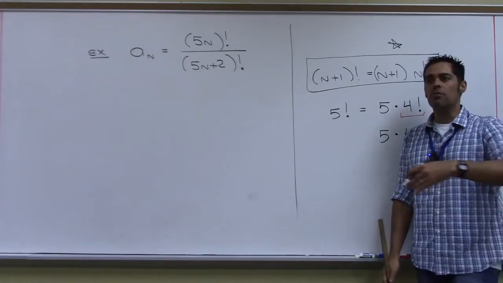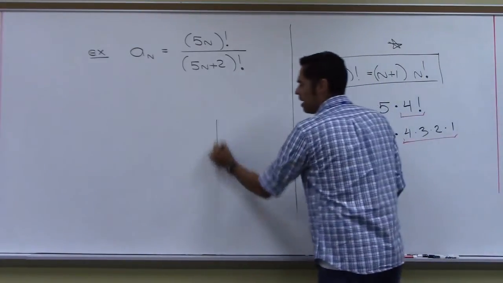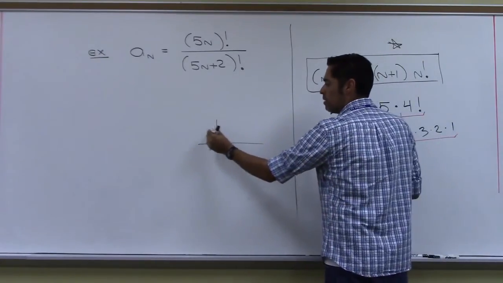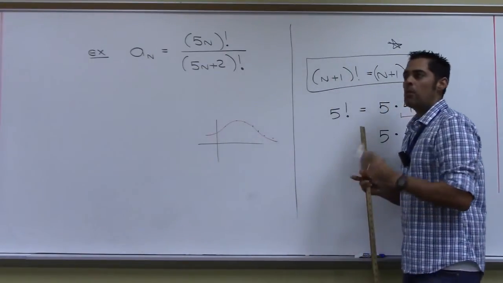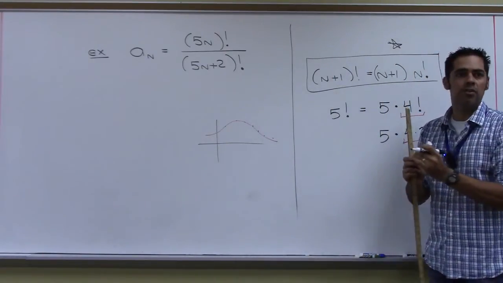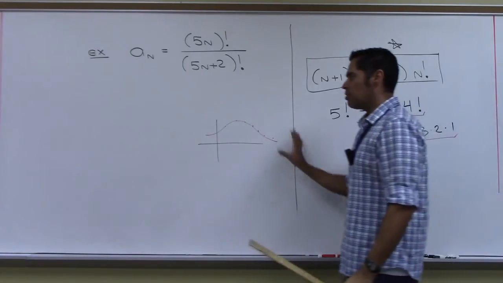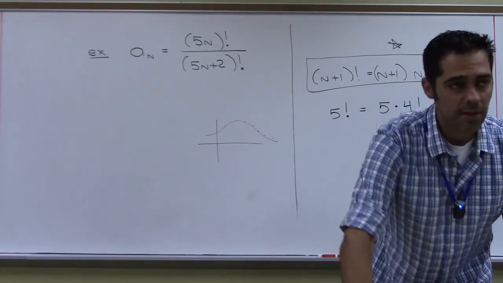You can only do 0 factorial, 1 factorial, 2 factorial. So you know how I was saying earlier that to get around it and use L'Hopital, we treat it like a function, then we come in here with the dots. The problem is you can't treat a factorial like a function of real numbers. You're not allowed to. So you can never get it over to L'Hopital's rule. So you've got to have some other way of dealing with it.